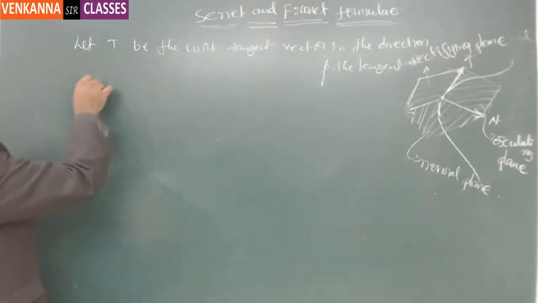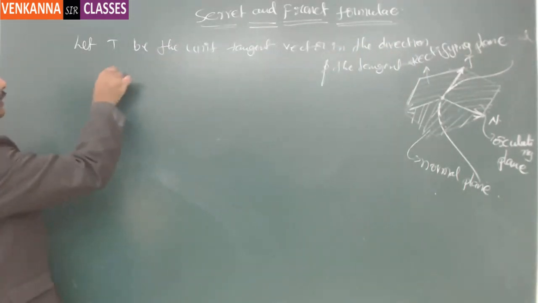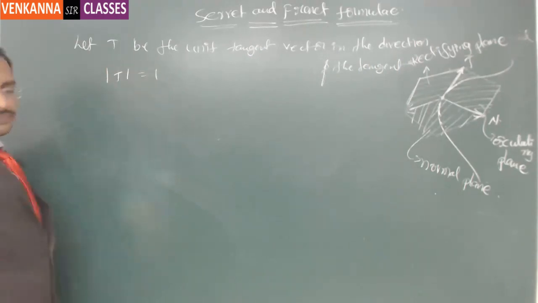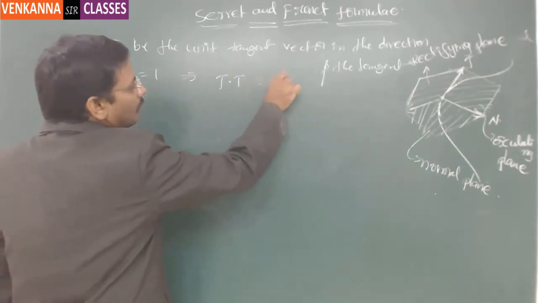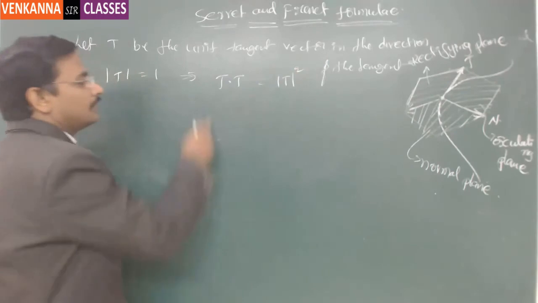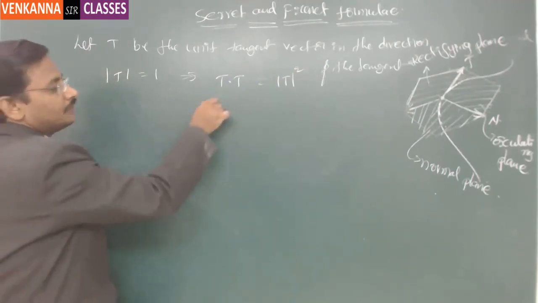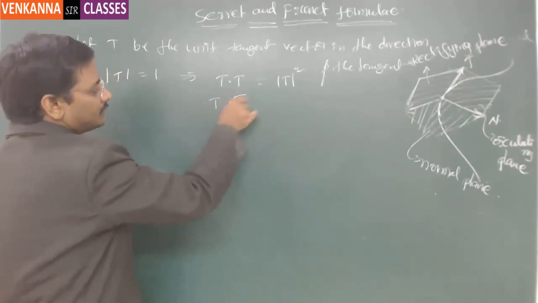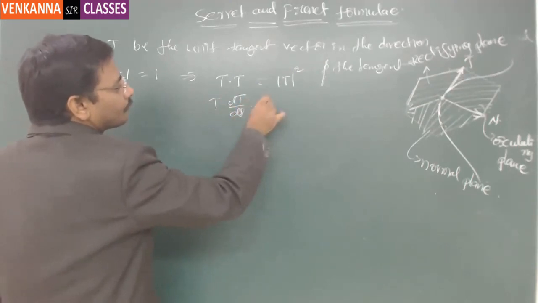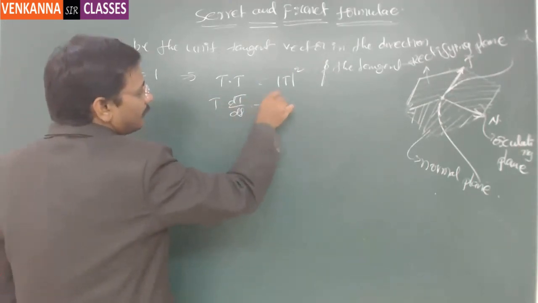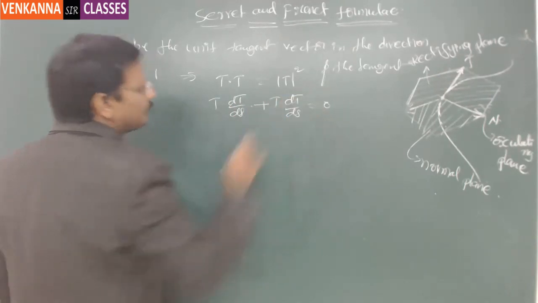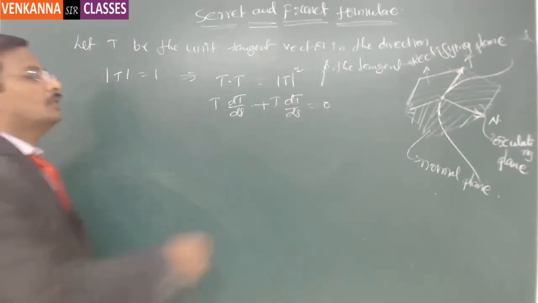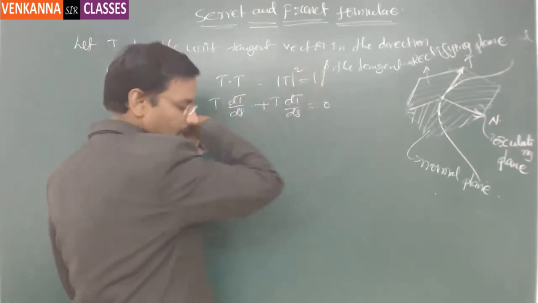Being a unit vector, obviously the modulus of T is equal to 1. Right? It's a tangent vector. Now, T dot T is nothing but modulus of T whole square. If you take the derivative of this, we get T dot dT by ds plus again T dot dT by ds, which is 0, because mod T is equal to 1, so this is a constant.